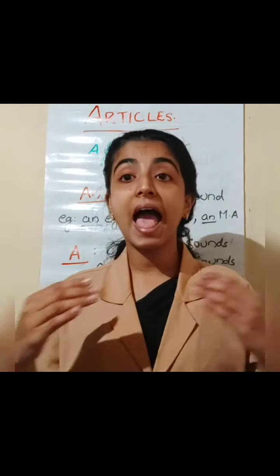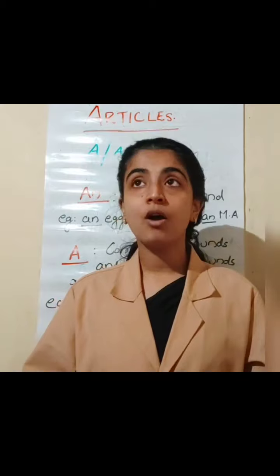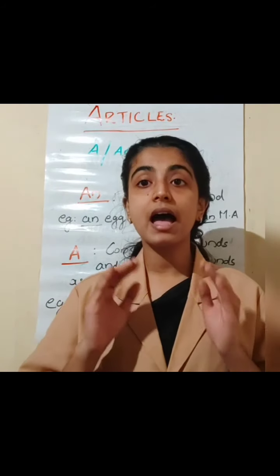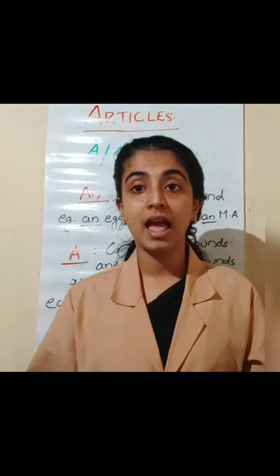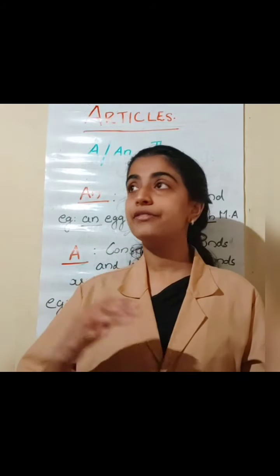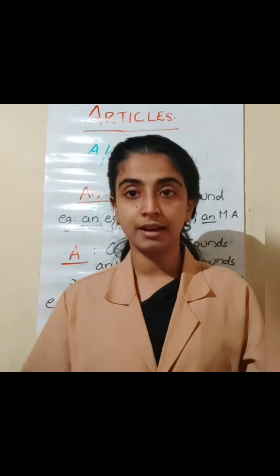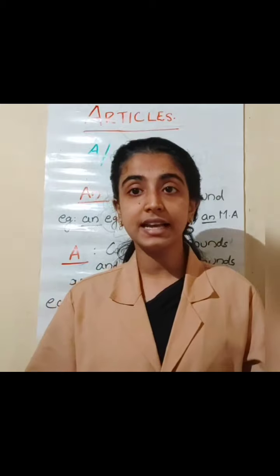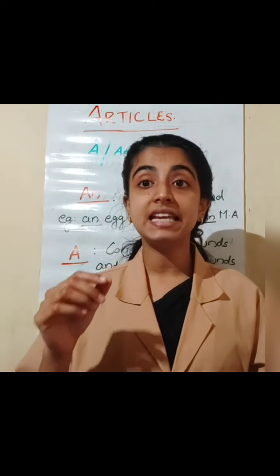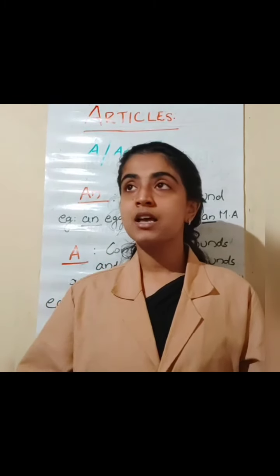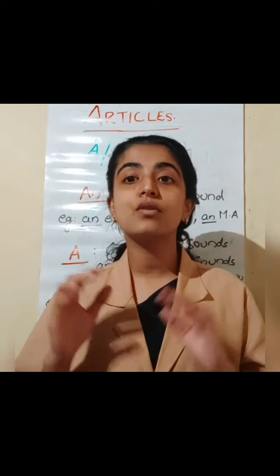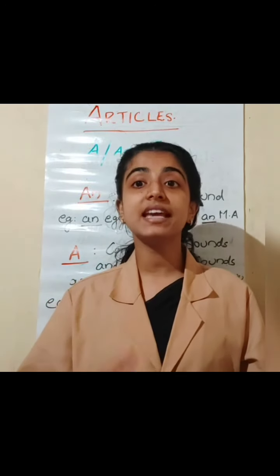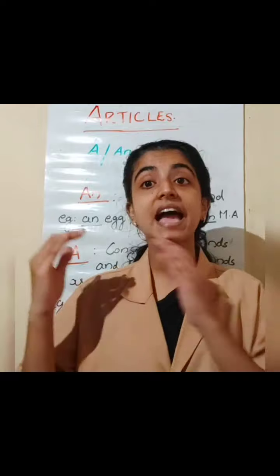We can write an elephant, an apple, an aeroplane, or an Indian. The sound E is a vowel sound, so we say: she is an Indian.